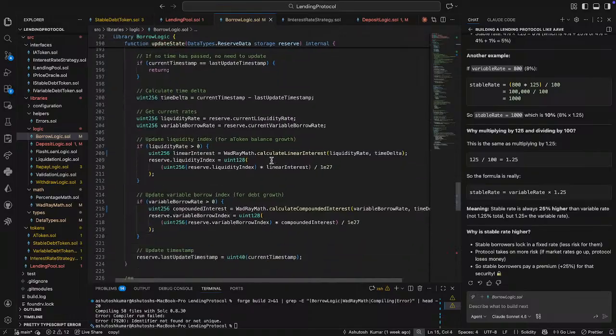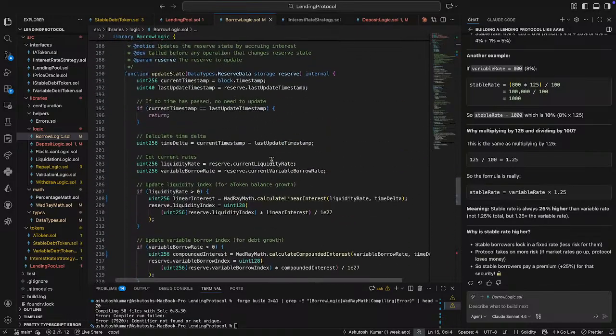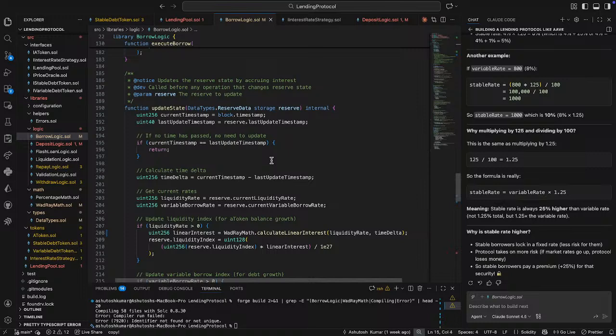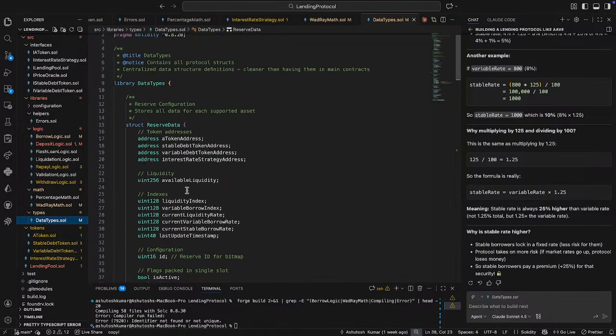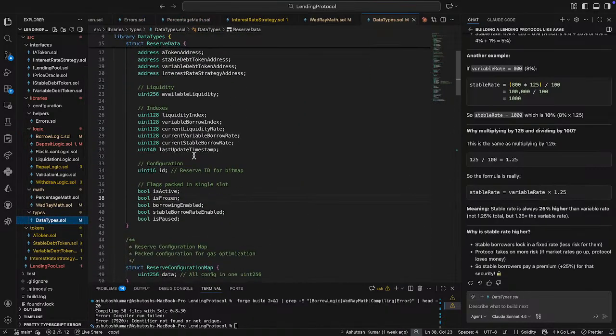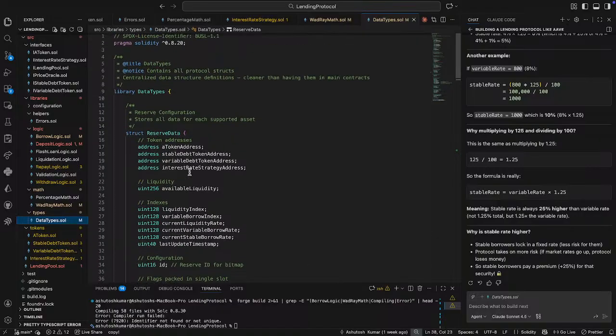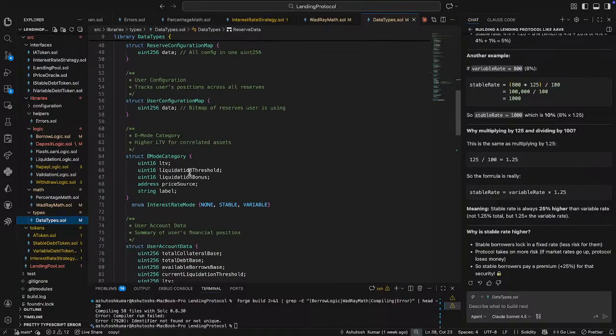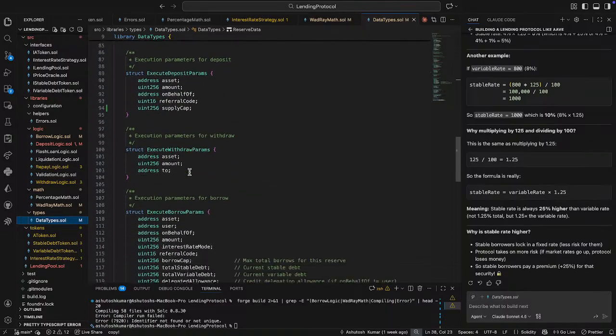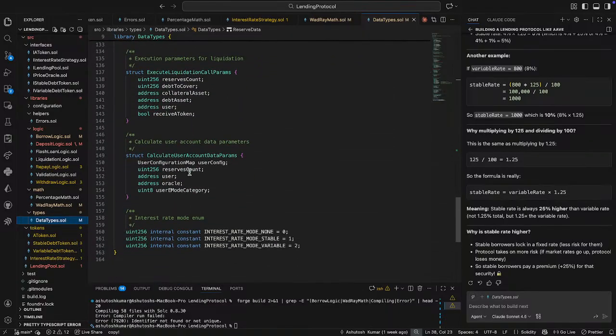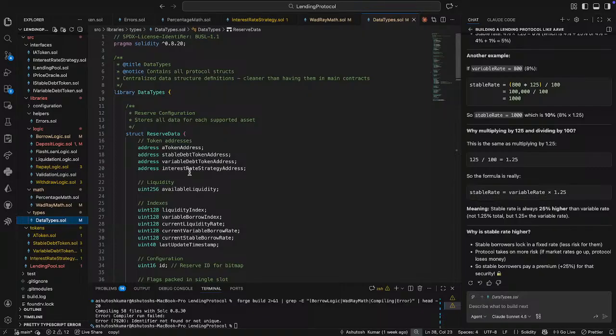Where is it? Reserve data, reserve is frozen. Last updated uint40. It's reserve data, not reserve.